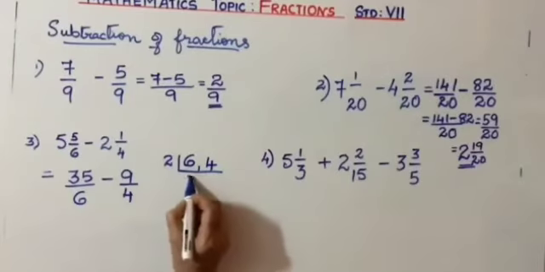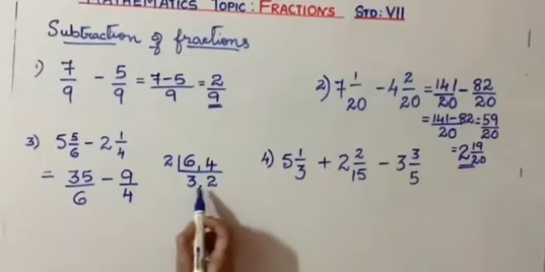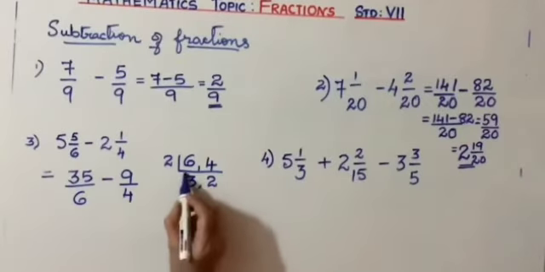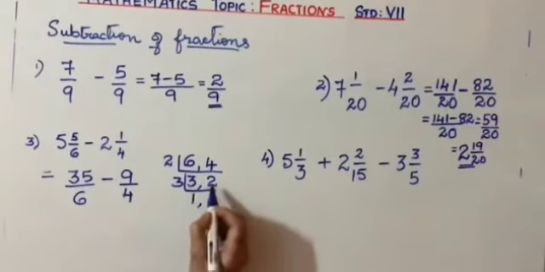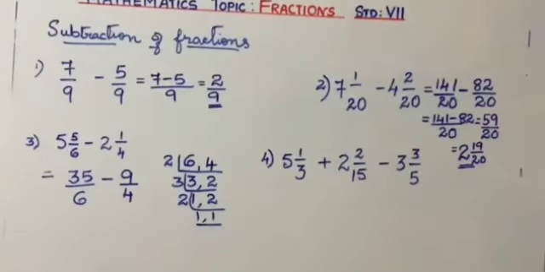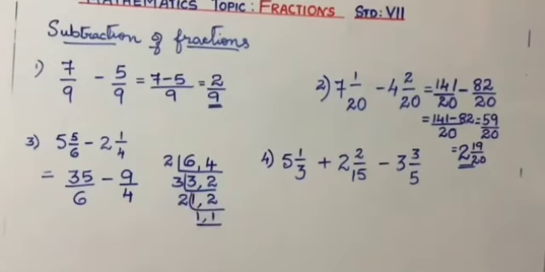So 2 3's and we have 2 2's. These two are co-primes, children. So you can as well multiply all the 3 or you can bring it down to 1. 3 1's and bring down 2 as it is. 1 and 1. Okay. So 2 into 3 is what? 6. 6 into 2 is 12.